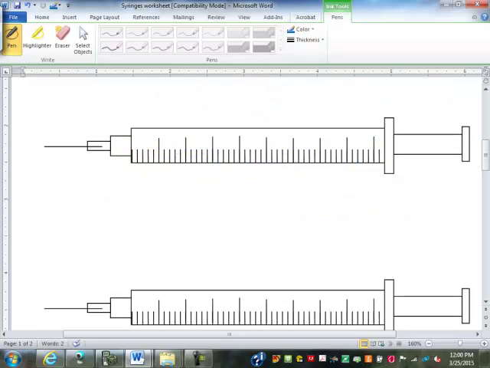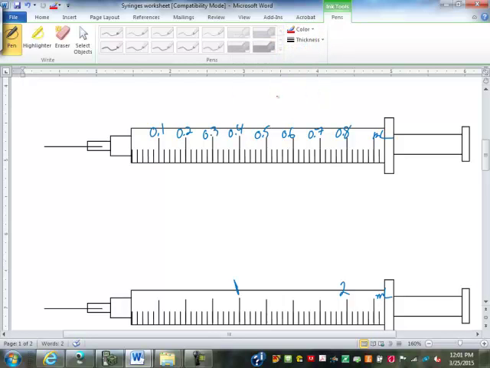Now the next issue I want to write, I'm going to label this one here. I just want to label a couple of them here. We're going to make a choice. It's labeled in milliliters. This one's also labeled in milliliters.